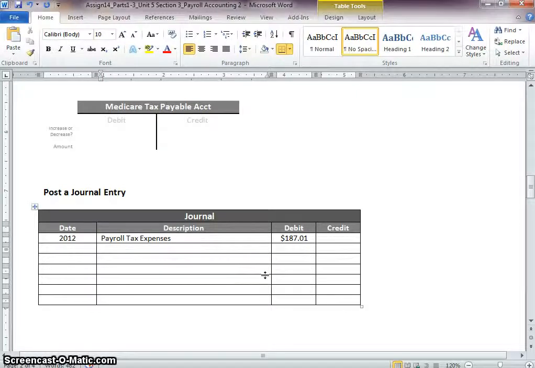So just to do the first one for you, our Social Security tax payable amount will be credited for $83.72. Okay, and then you can fill out the rest of them and make sure that when you are done, the amount of your debit here equals the amount of your list of credits. Okay, and that is it for part 2.